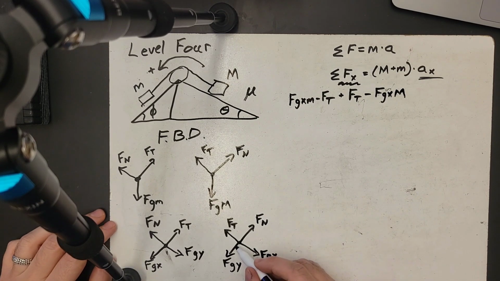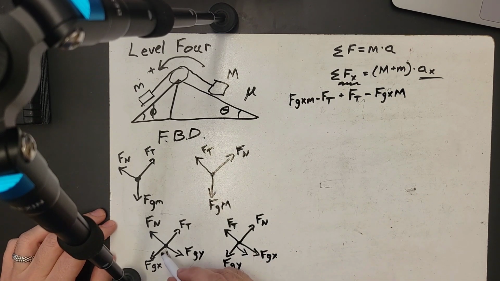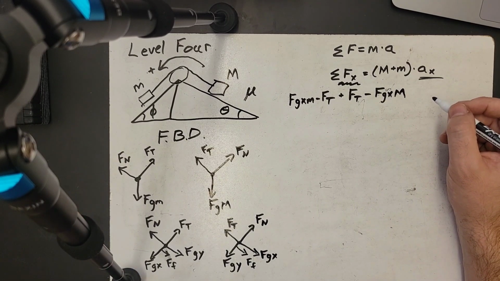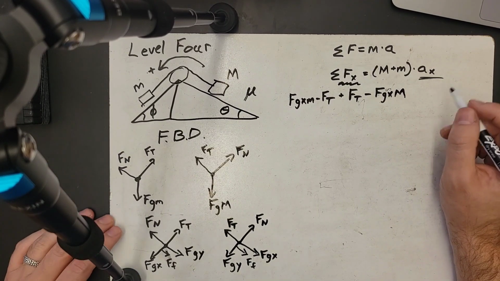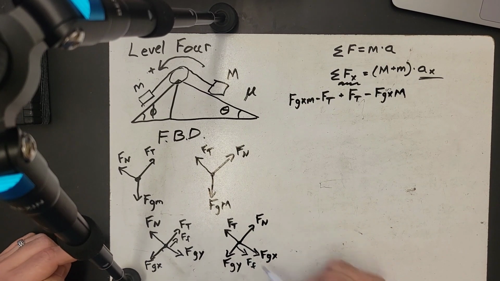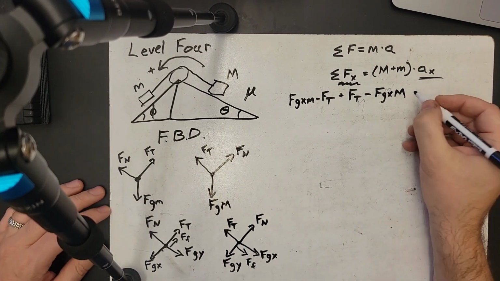Ooh, except I forgot to include my friction forces. Oh no. Okay, well, the friction forces are both slowing this down. Oh, sorry, I even drew that in the wrong spot. Bam, there we go. That's what the friction force should be. They're both going in the backwards direction.